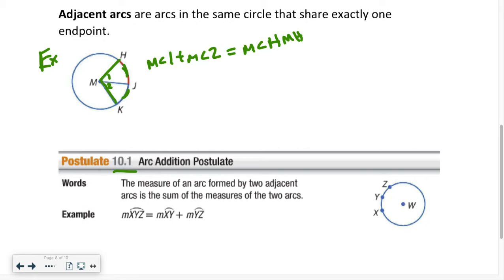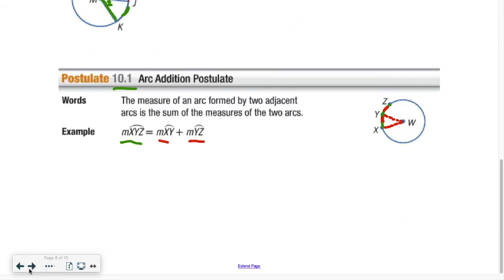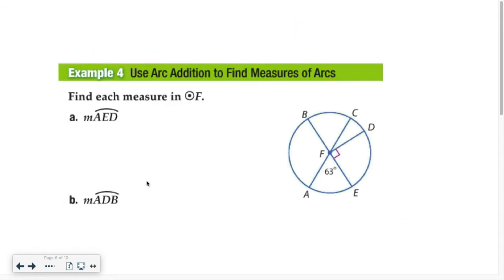So for the measure of arc XYZ, if you want that whole arc, find the measure of each arc individually, arc XY and YZ, add those two together, and that makes your whole arc. So it just follows like the segment addition postulate and angle addition postulate.